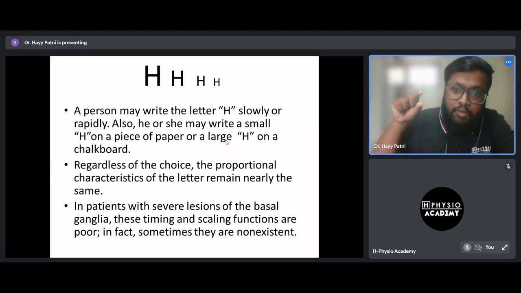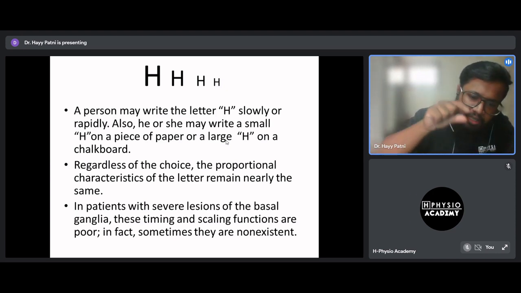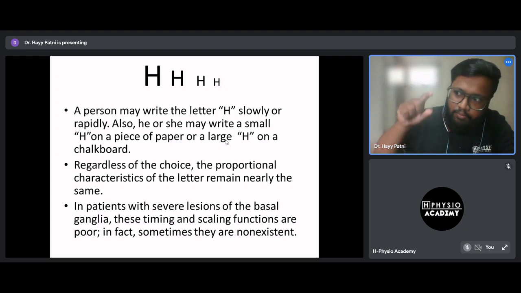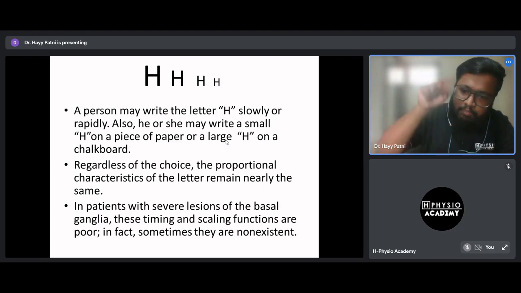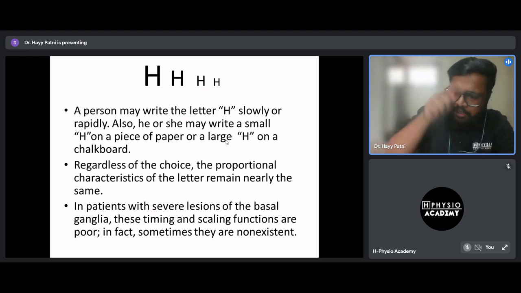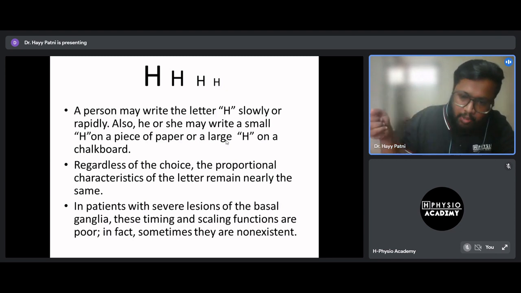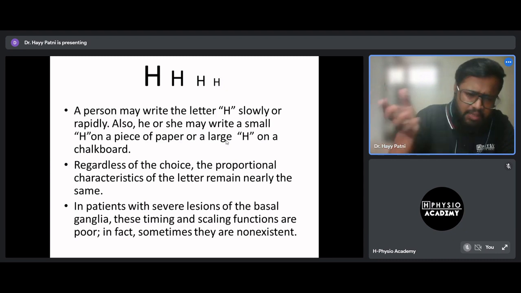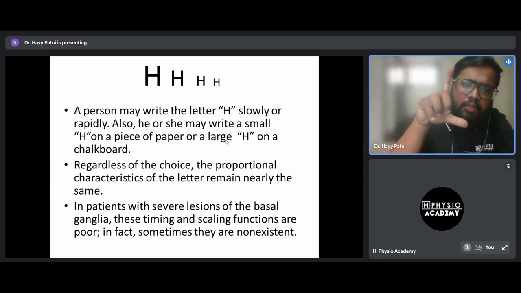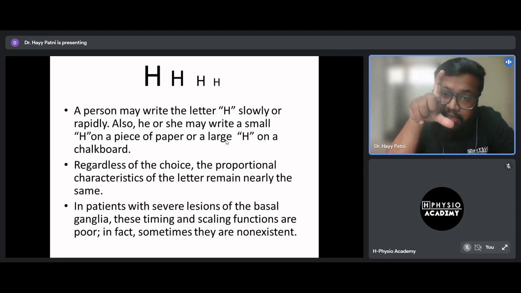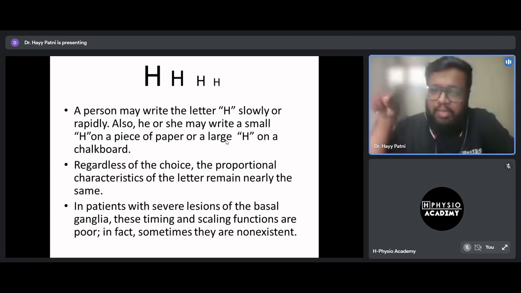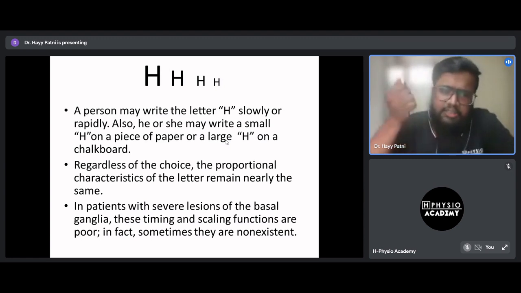The pattern is the same. The pattern you learned through childhood, this sequence of H, for me it might be H, for someone it might be A, O, L, and so on. Even though you write the alphabet very big or very small, the pattern does not change. Regardless, a person may write the letter H slowly or rapidly.